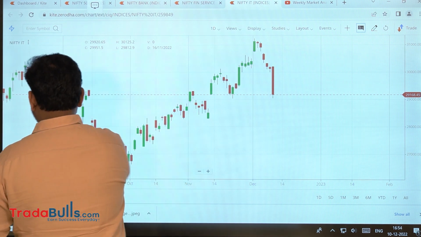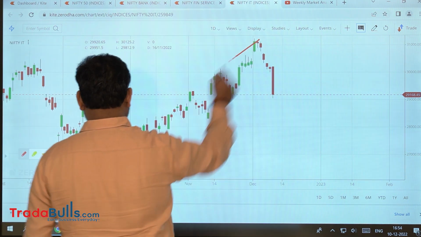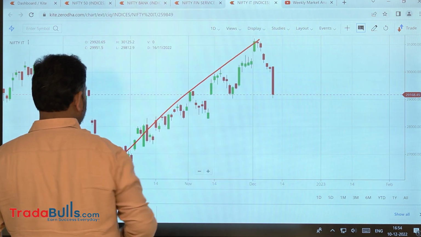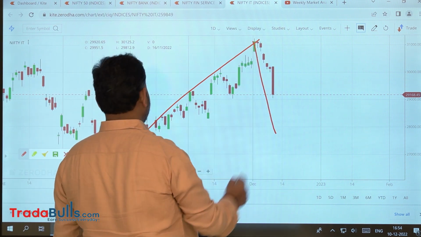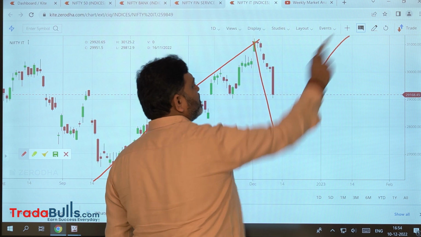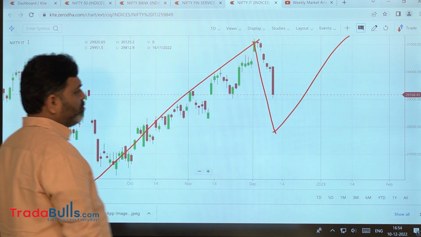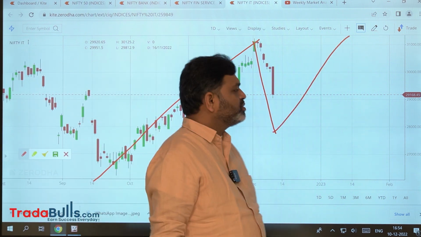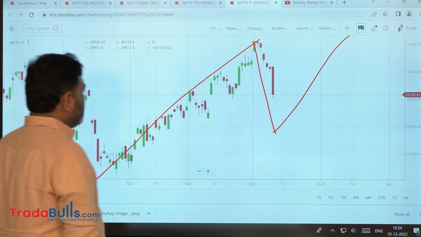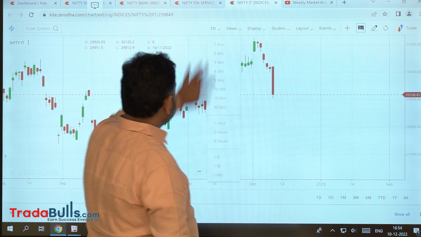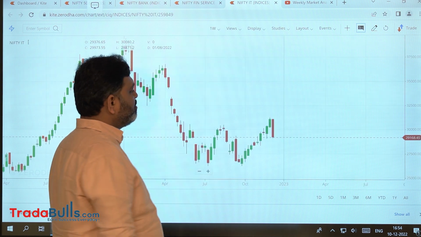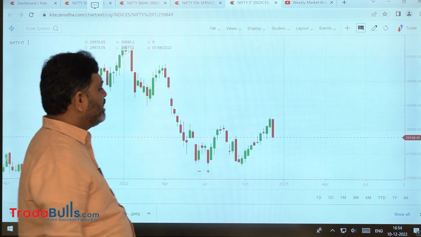Whatever trend started in IT from October onwards or mid-September onwards, 50% definitely we may expect as some correction. From there it may go upside. So we may anticipate it will reach the 28,200 level immediately, maybe in the next 2 weeks. Coming to the weekly chart, the entire week, the 2 weeks' lows were touched actually.